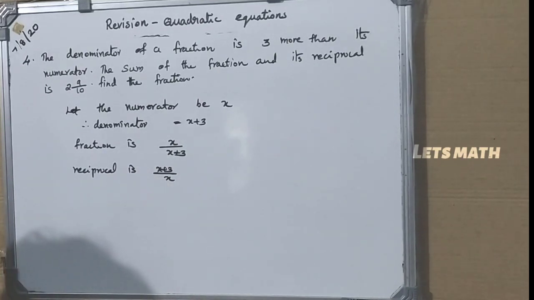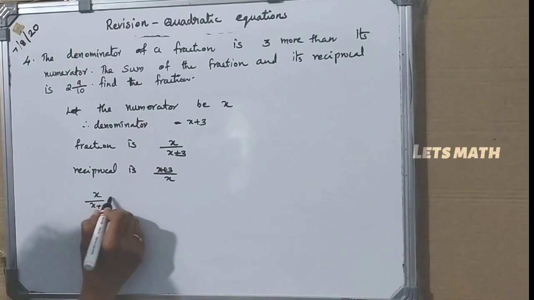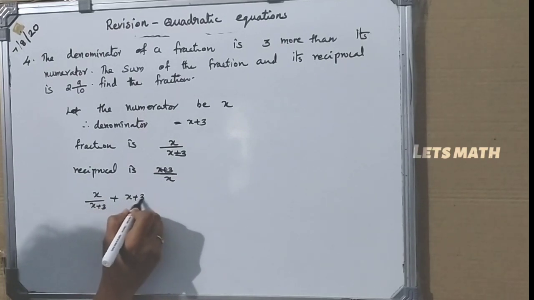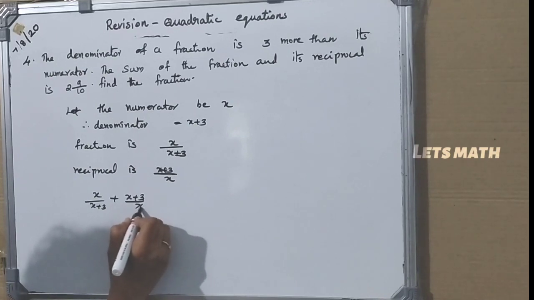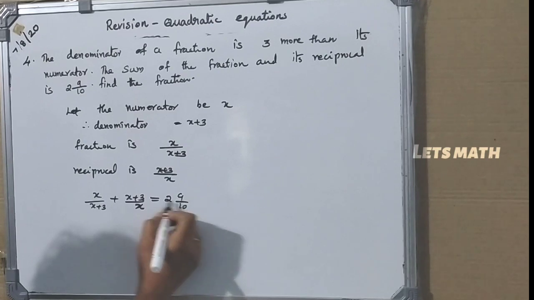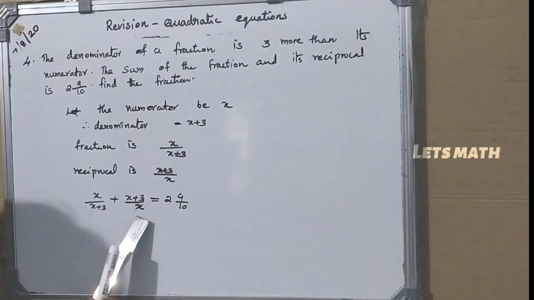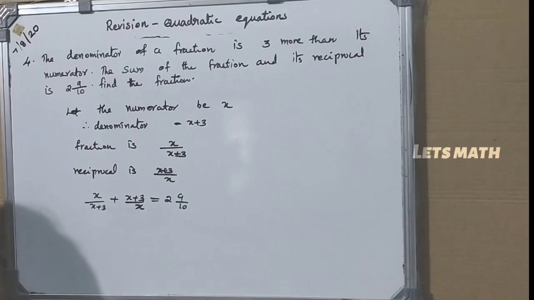So as per the condition, x by x plus 3 plus x plus 3 by x equal to 2, 9 by 10. The sum of a fraction and its reciprocal is 2, 9 by 10.